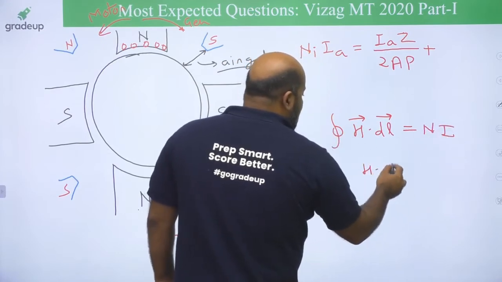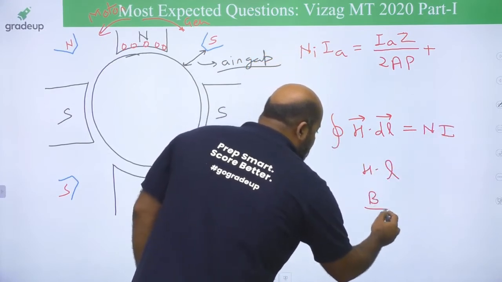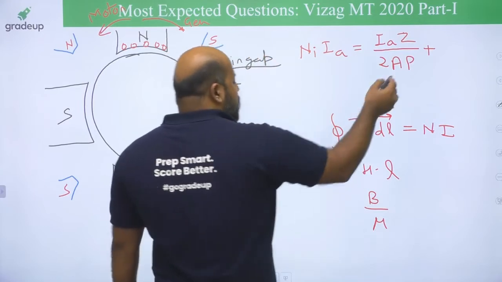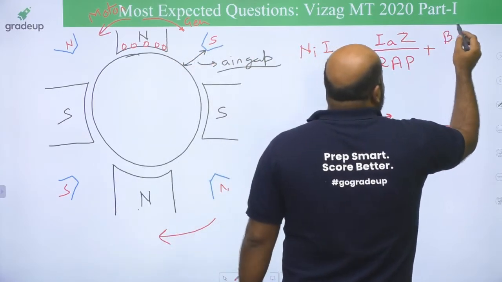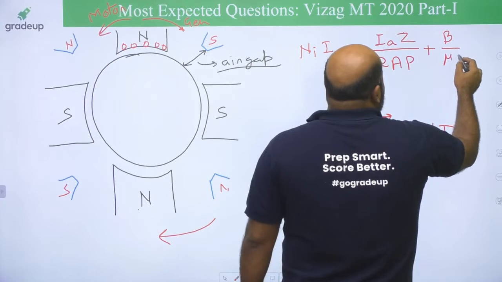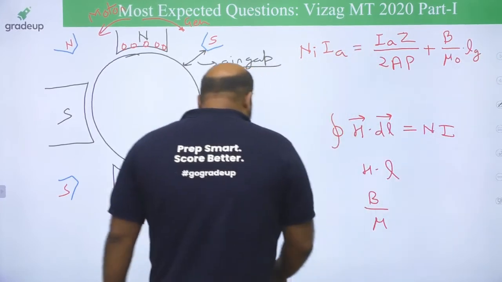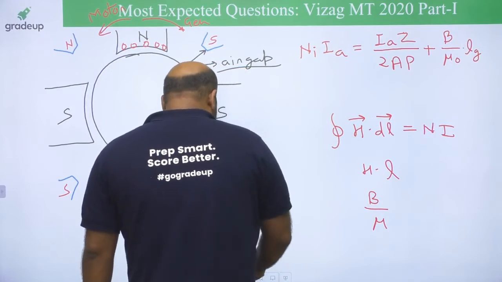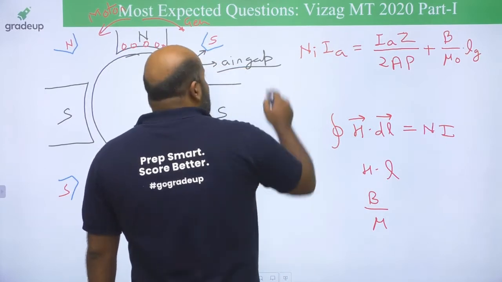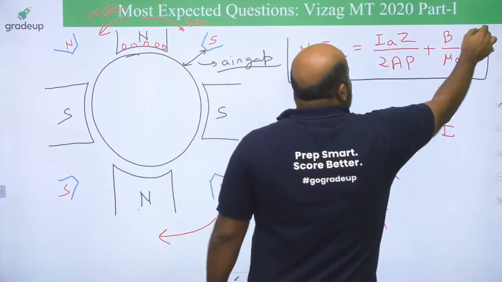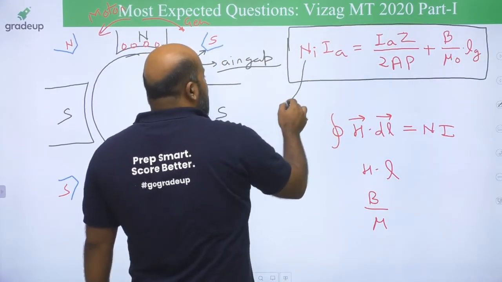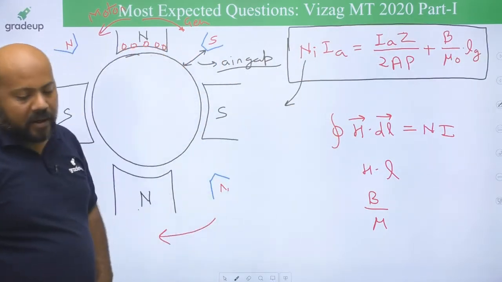So this is going to be H into L. H is going to be B upon mu naught. So this you can write as B upon mu naught into Lg, that is the air gap length. Use this formula, put all the values, and you will get the number of turns in the interpole winding.